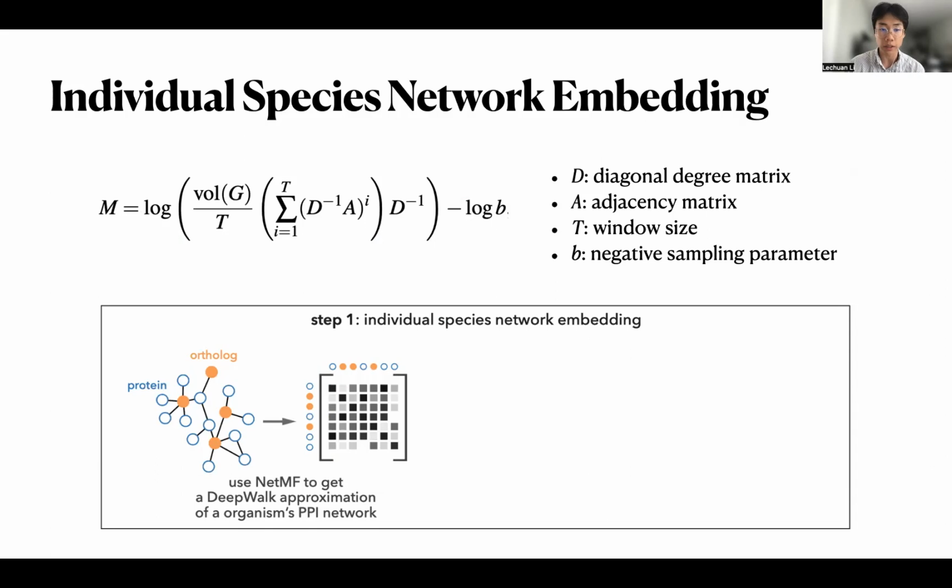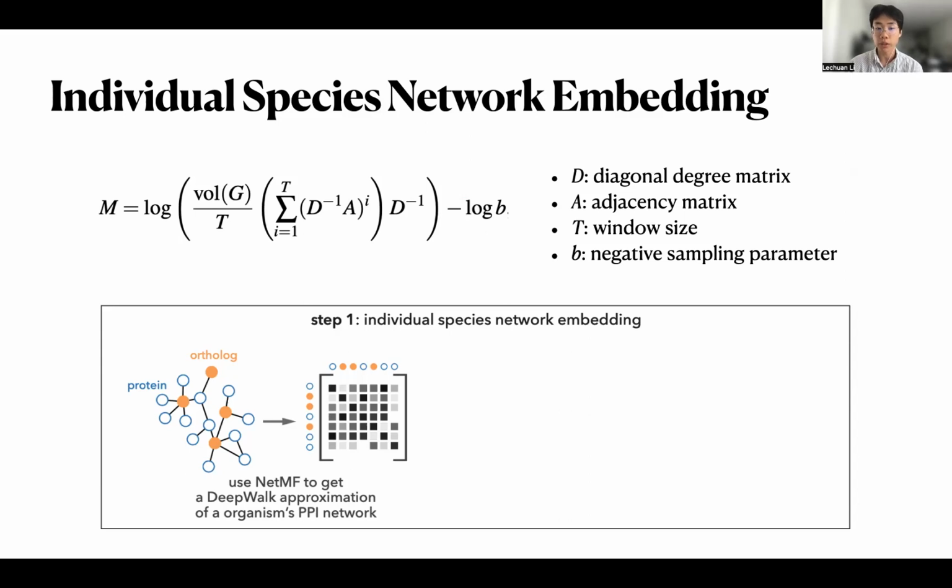The idea is that we can simply consider each entry of the NetMF matrix as the number of paths with length smaller or equal to a hyperparameter t, a window size t, for 2 given nodes in the network.